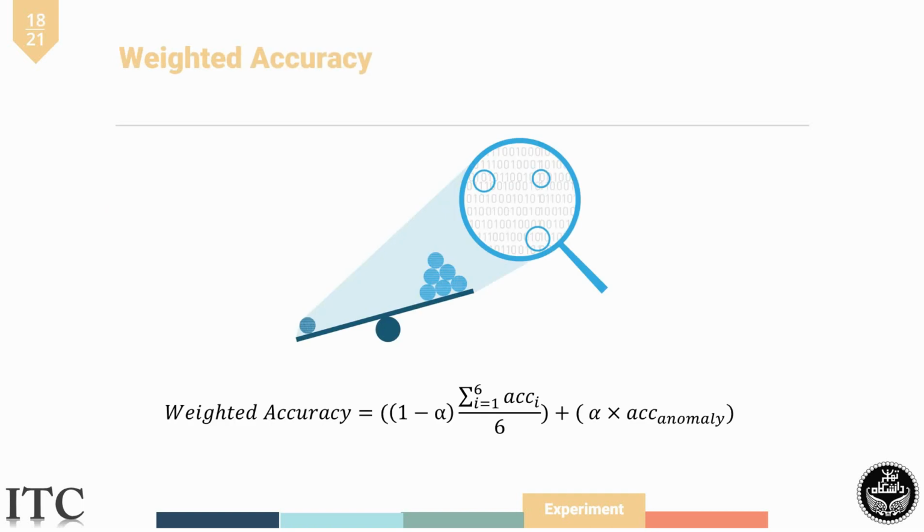To show the importance of choosing the right method for the desired environment, we calculate weighted accuracy. In weighted accuracy, alpha defines the percent of anomaly in the environment. In other words, alpha determines the rate of the anomalous samples to normal samples.